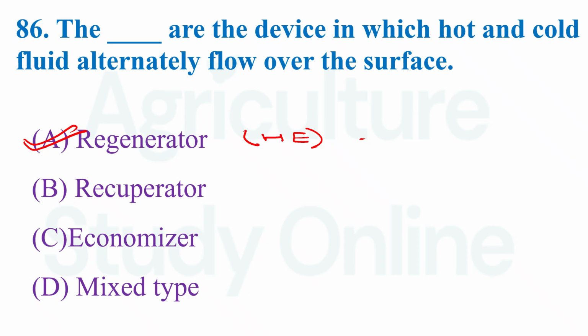Means the surface will store heat from the hot fluid, and then later it will transfer it to the cold fluid. So there's an alternate flow over the same surface, that is regenerator. Whereas option number B, that is recuperators. So basically in this, the fluids flow simultaneously on the opposite sides of the wall.